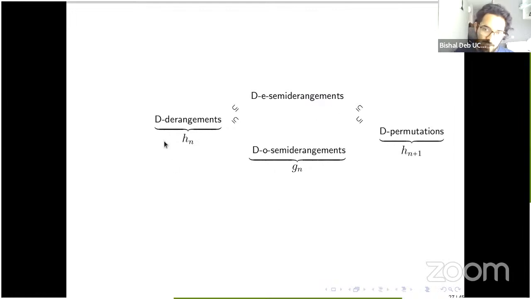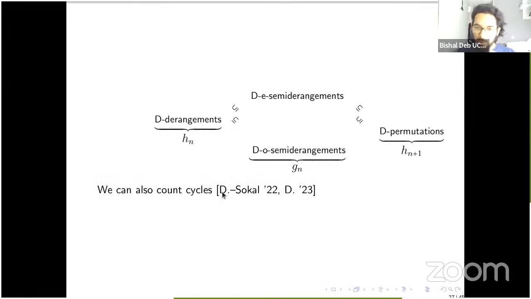And from our continued fractions, we have recovered these facts, that depermutations are counted by median Genocchi numbers, DE semi-derangements and DO semi-derangements are both counted by Genocchi numbers, and D derangements are counted by median Genocchi numbers again. So this is a very nice family of permutations sitting inside each other. And classically, people had studied D derangements and DE semi-derangements as well as DO semi-derangements. Depermutations are fairly recent. And similar to the permutation story, we can also count cycles. So again, this is in two different papers.